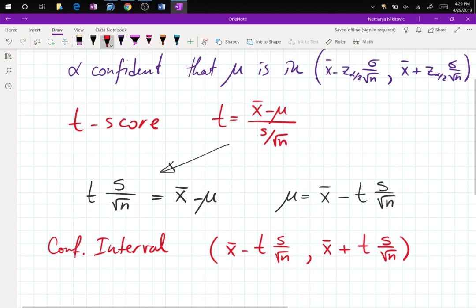So we are focusing on calculating the confidence interval for the population mean, now using the sample only.